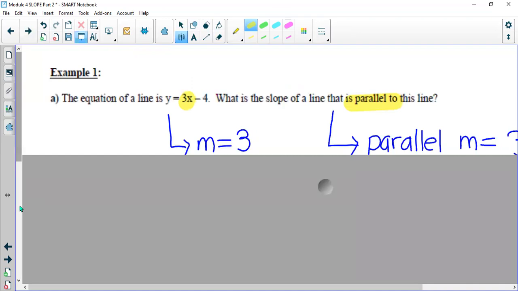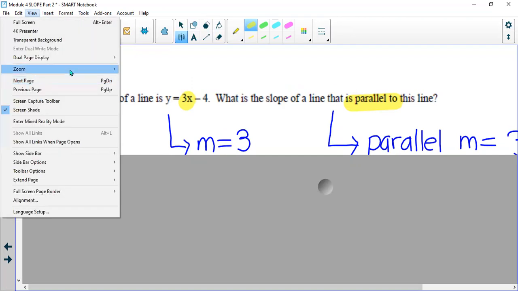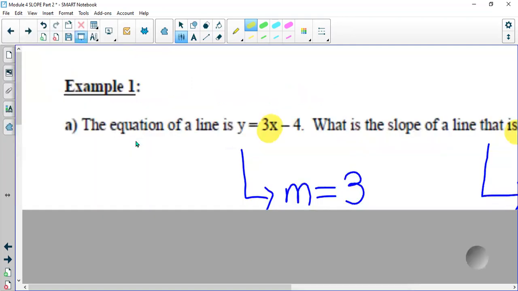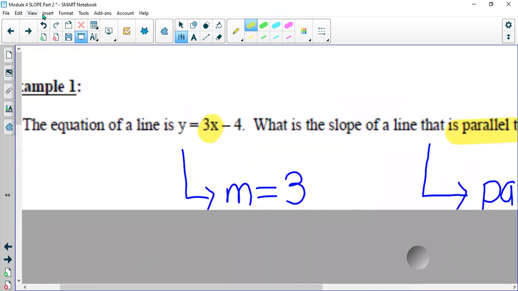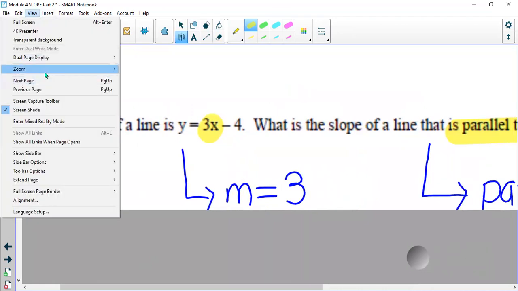Okay, so let's do some equations. I'm gonna try to zoom in so that you have the chance to write down the equation. So it says the equation of the line is y is equal to 3x minus 4. Unfortunately, maybe let me zoom out a little bit.